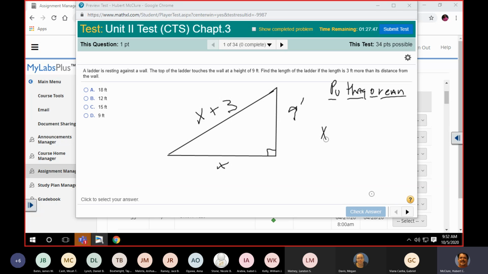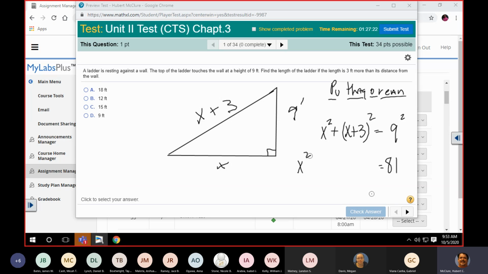So, x squared plus (x plus 3) squared is equal to 9 squared. And you know that 9 squared is 81.